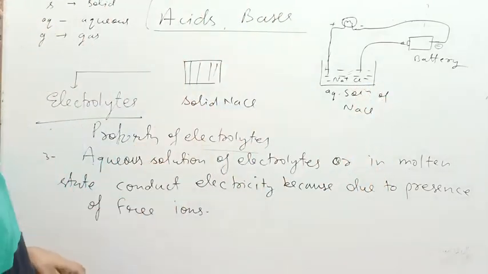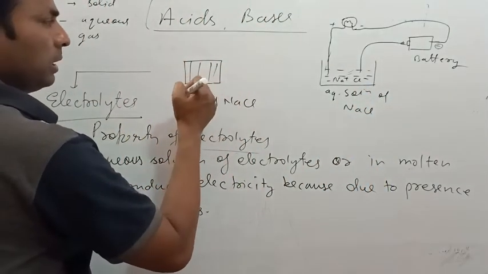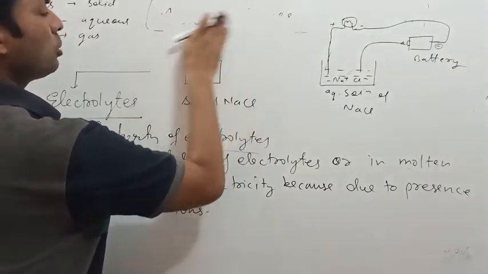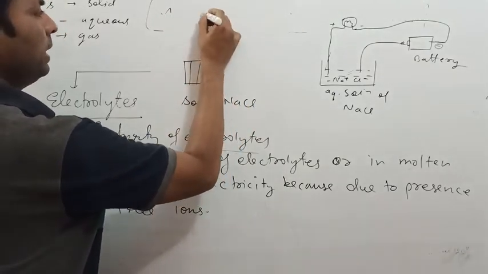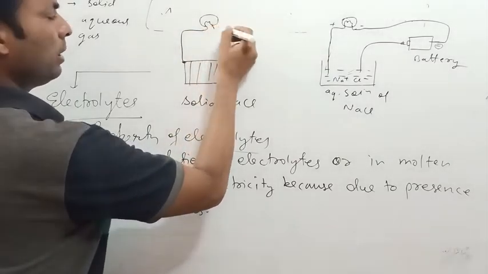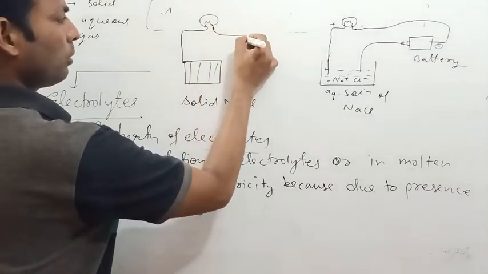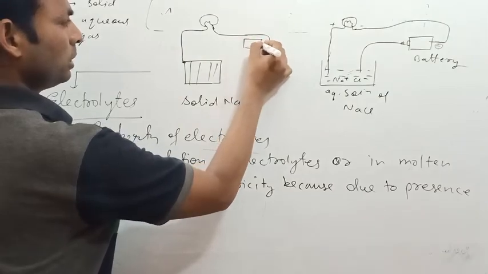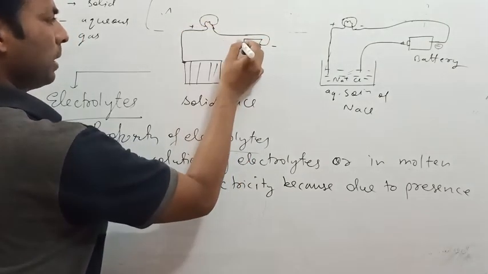But solid NaCl has no free ions. So look here at how to represent it. You can also do it at home. Suppose this is minus and this one is plus.